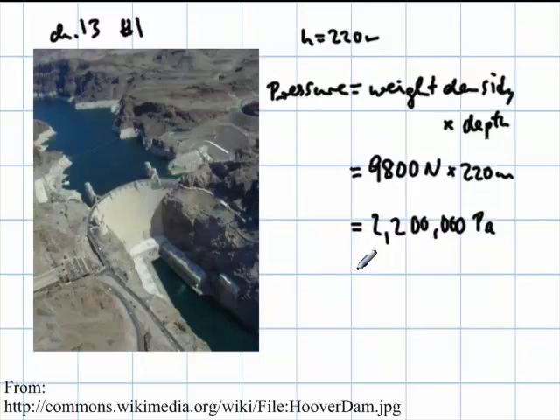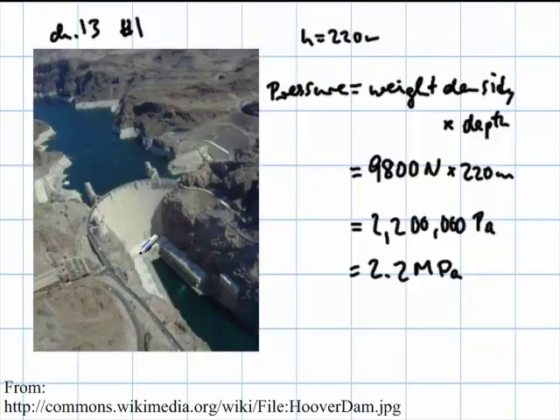If I don't want to write down a big number like that, I could also write this as 2.2 megapascals. By the way, the atmospheric pressure is 100,000 pascals, so due to the depth here, the water pressure at the bottom is 22 times higher than atmospheric pressure.